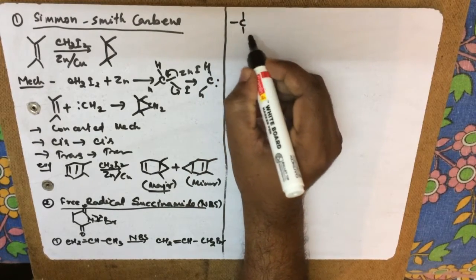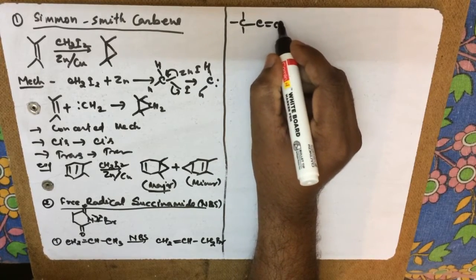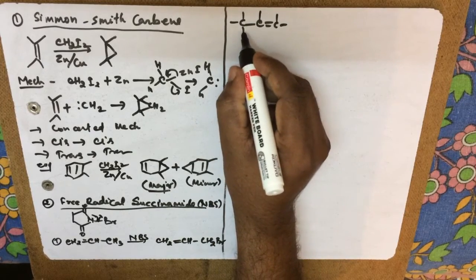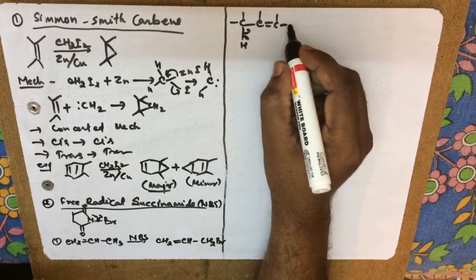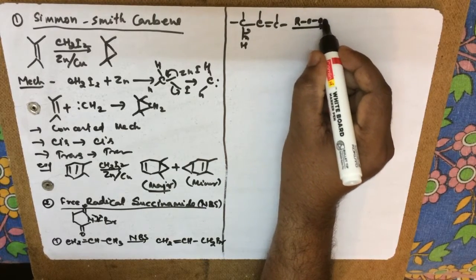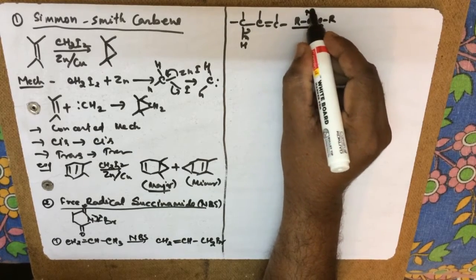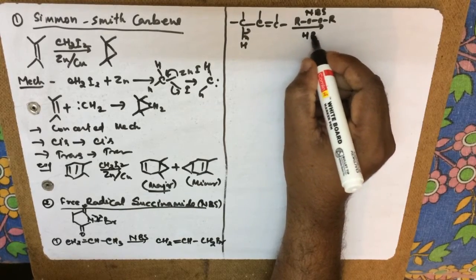Let's say you have this, okay. So you have this hydrogen and you have this NBS and HBr.